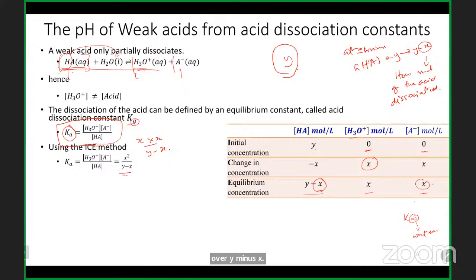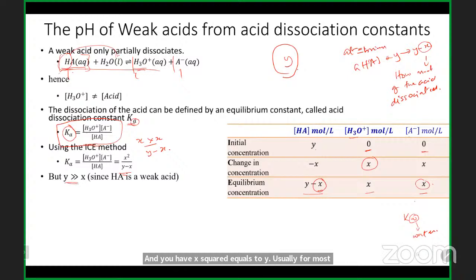Usually for most acids, Y is so much greater than X such that Y minus X is approximately equal to Y. So we can write our Ka to be X squared over Y. And remember, we're trying to look for the concentration and pH of a weak acid.